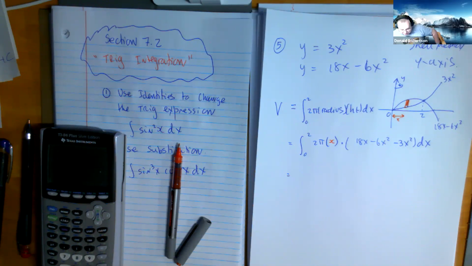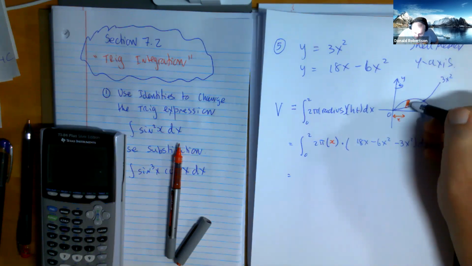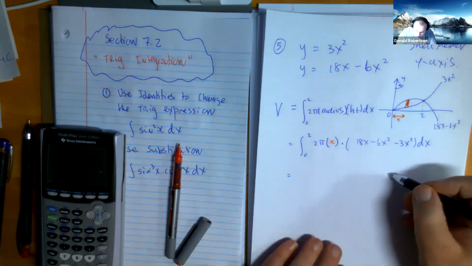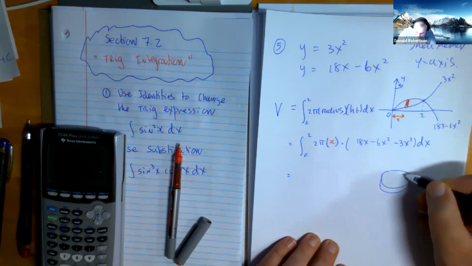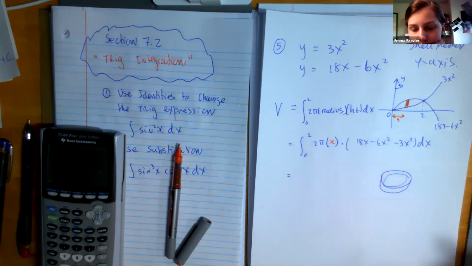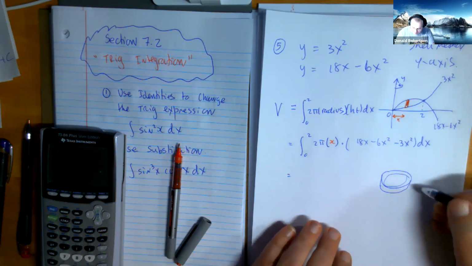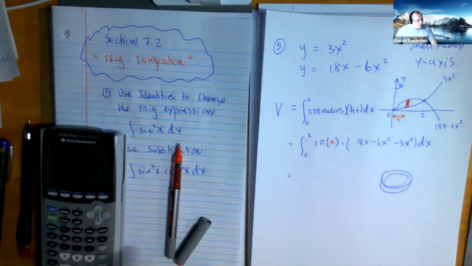Basically, the formula says that if you take this little guy and you rotate it about the axis, what you end up making is a little baby shell that looks like this, right? And then if you move that rectangle around, you make other little shells. That's why they call it shell method.